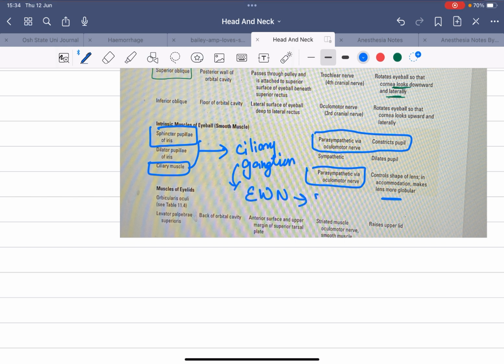So if the third cranial nerve is damaged, there will be no constriction of the pupil, there will be no accommodation, and the patient will develop a dilated pupil, a down and outward eye, and ptosis. Okay, so these are some of the important points which you must remember. I hope it is clear to all of you.